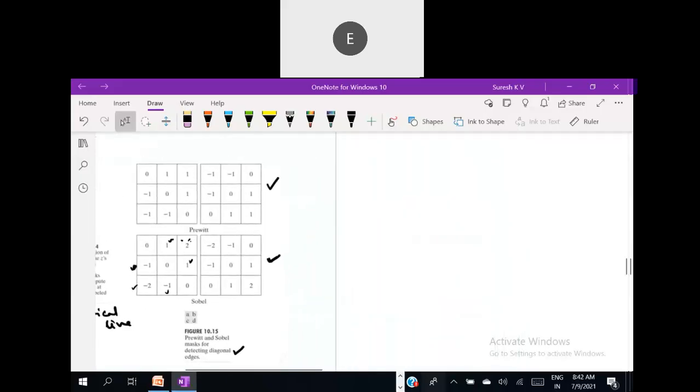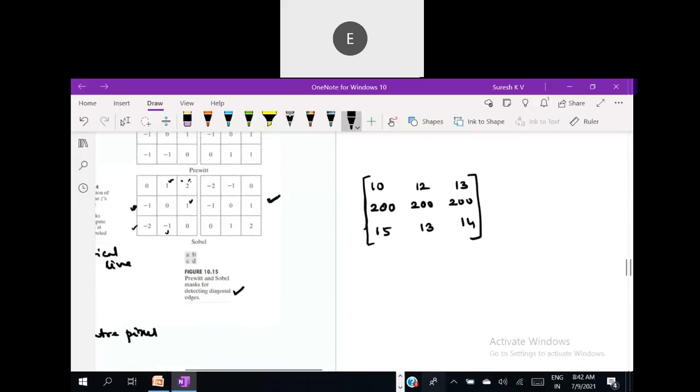I will only explain one of them, but you should try for all because these types of problems will be given. Let me just take an edge. Assume that I have an image of this nature. Of course, I have taken a very small image, 3 cross 3.